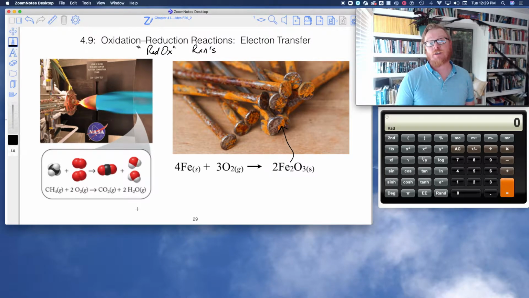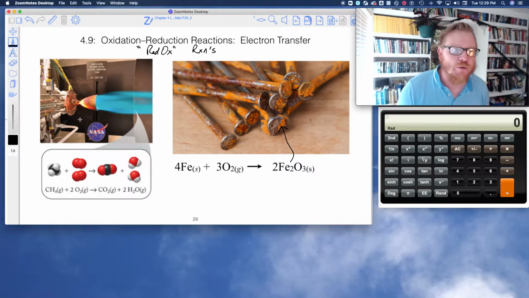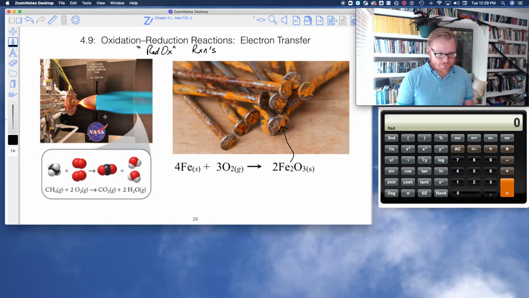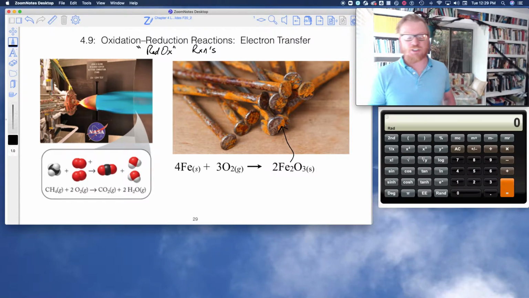Combustion reactions are oxidation reduction reactions, or redox reactions. And this is actually a really cool picture from the book showing a rocket engine being tested at the Jet Propulsion Laboratory. So this is some methane being burned in oxygen to make that blue flame, okay? So this is also a reduction oxidation reaction.